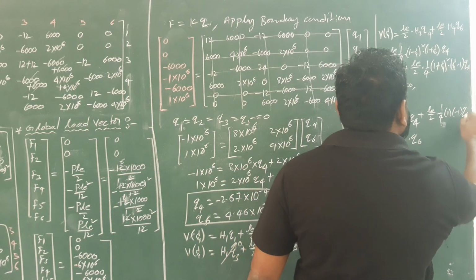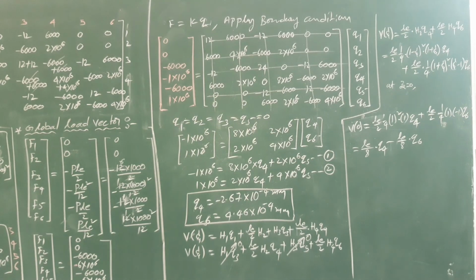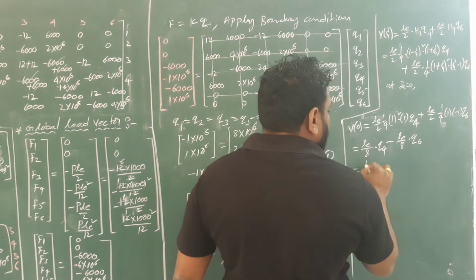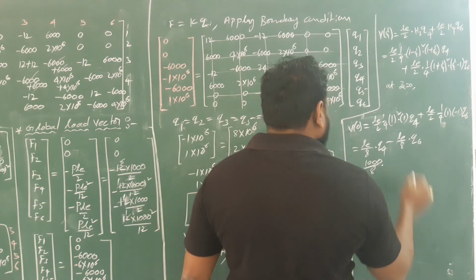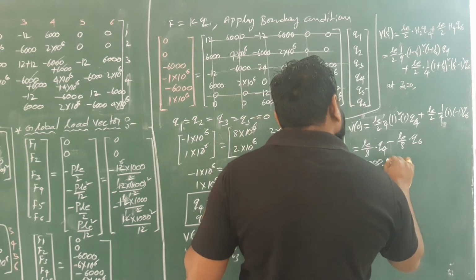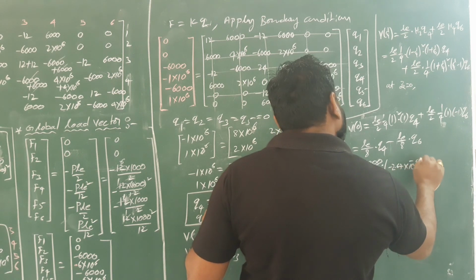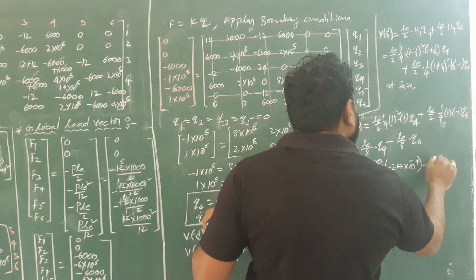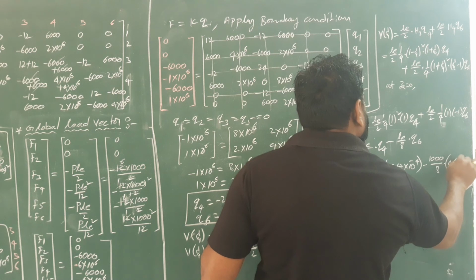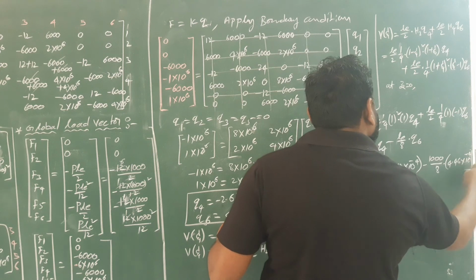Substitute all those values: 1000 by 8 into Q4, which is minus 2.67 into 10 to the power minus 4, minus 1000 by 8 into Q6, which is 4.46 into 10 to the power minus 4.